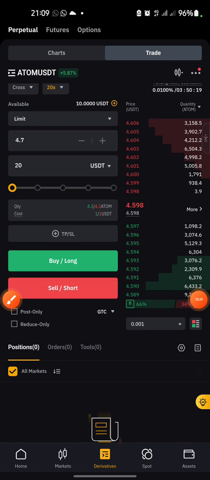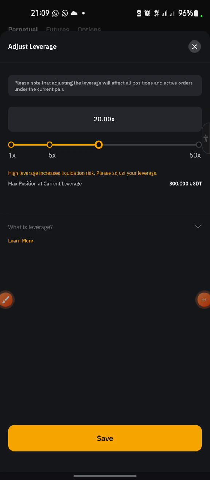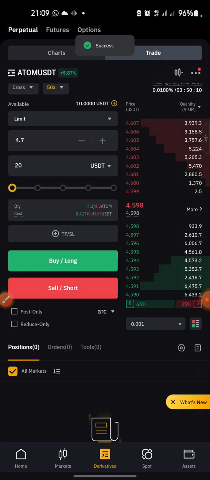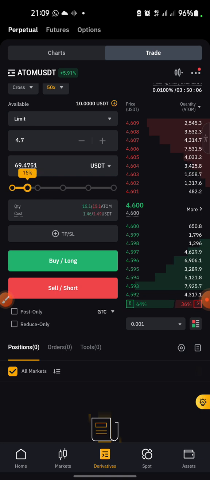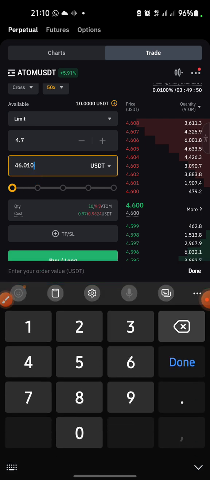And if it's 50, it changes. As you can see, if you change it to your 10%, with 50, you have your cost, 10 over 10, 1 times 50. You have your 50 USDT here.